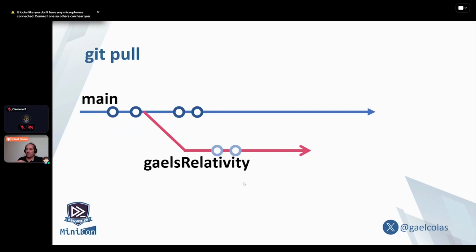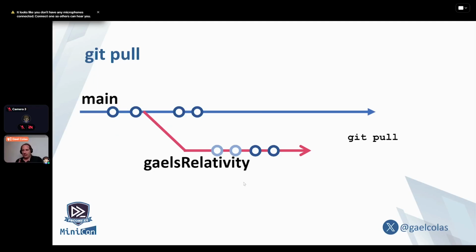So how do we change and how do we converge those realities? So back to the example where we have the main branch, which is out of sync with my reality, because I created a new branch and new commits have been added since to the main branch. So one way is to do a git pull. And the git pull will, by default, take the commits from the main branch and add them to my reality.